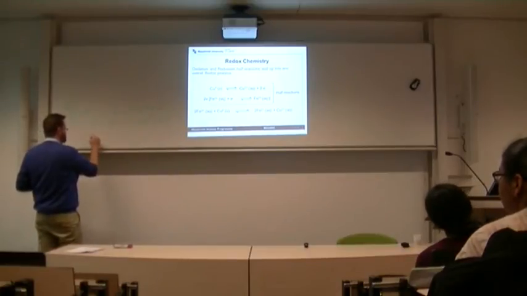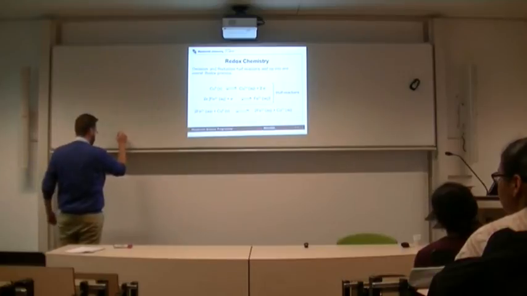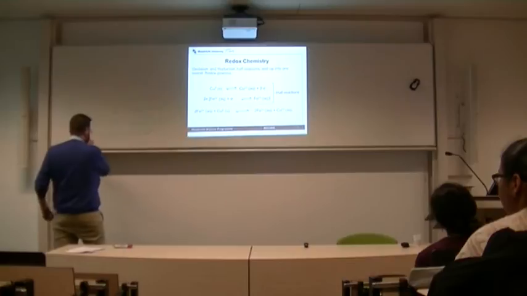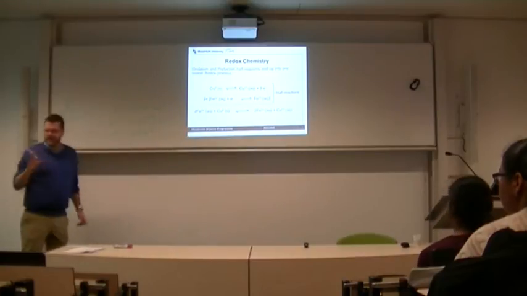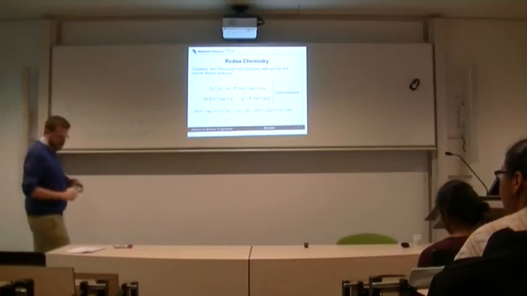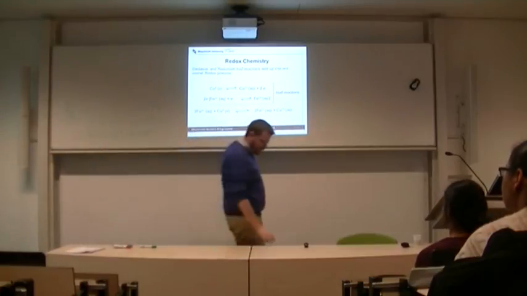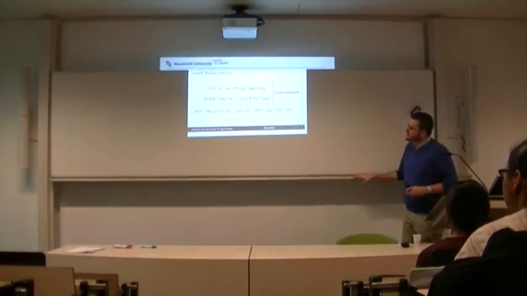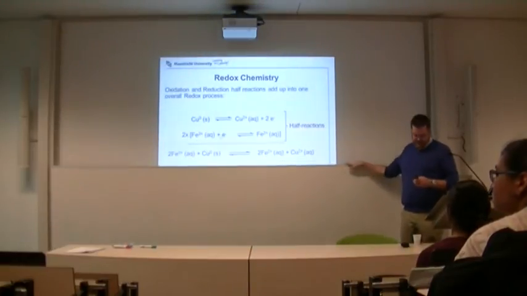So it becomes 2 electrons plus 2 Fe3 plus forms 2 Fe2 plus, and then to get the overall, so now the 2 half reactions are balanced, and now I just put it all together and I get the net ionic equation that you see now. So that's the way to proceed for very simple redox reactions, the balancing.